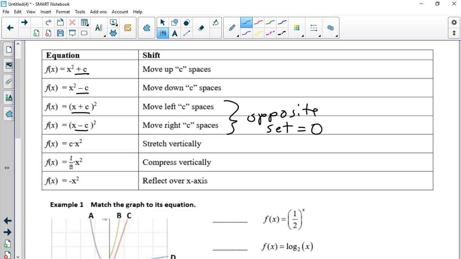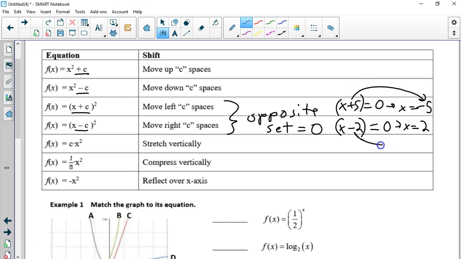So if this was x plus 5 in the parentheses, and we set it equal to 0, we would get x equals negative 5. And now here, if we had x minus 2 inside parentheses, and we set that equal to 0, we would get x equals positive 2. So one way to think about it is go opposite. Positive 5 becomes negative 5. Negative 2 becomes positive 2. Or set them equal to 0. Okay.